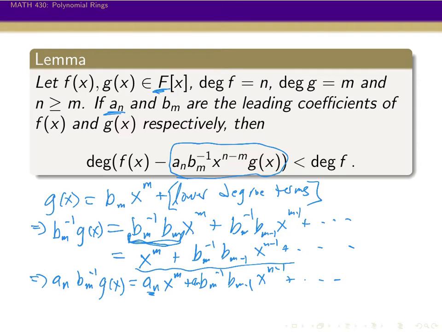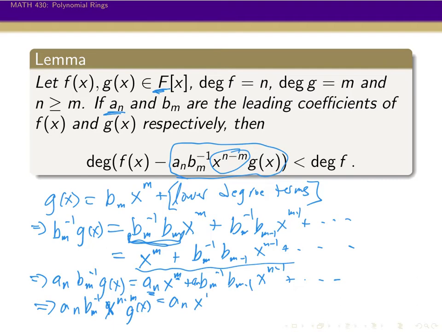And so now if we multiply this by x to the n minus m, that's just going to raise all the powers of x by n minus m. X to the n minus m, g of x. And so if I raise x to the m and then raise it, well, let's write it out.